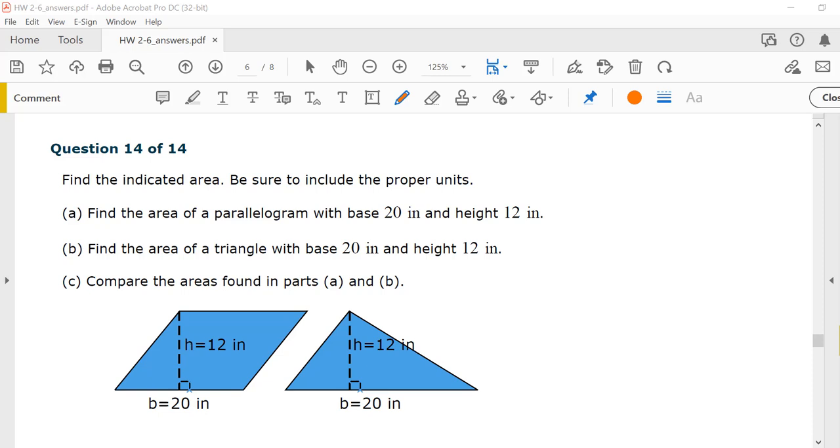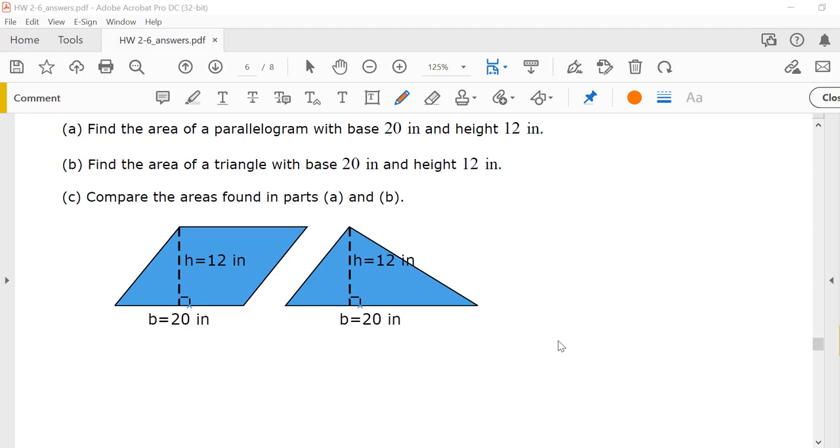Number 14, find the indicated area. Be sure to include proper units. So for part A, it says to find the area of a parallelogram with base 20 inches and height 12 inches. So we're doing this figure, the parallelogram. Area of a parallelogram is base times height.